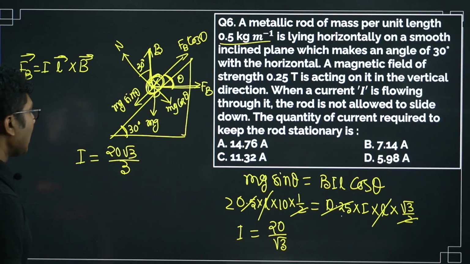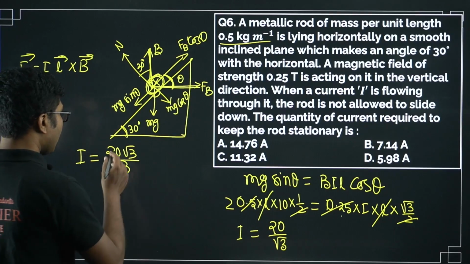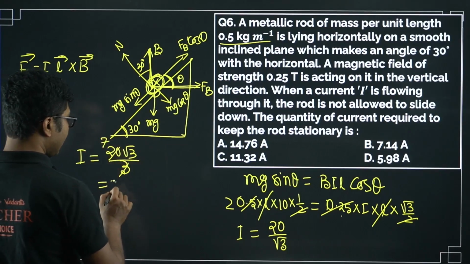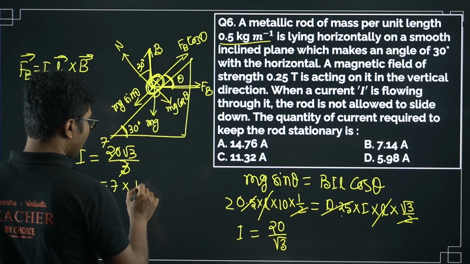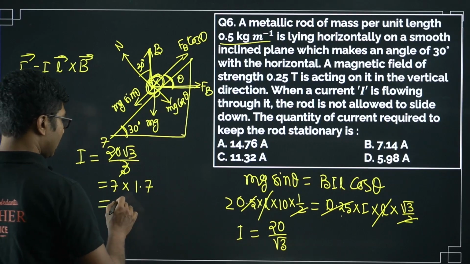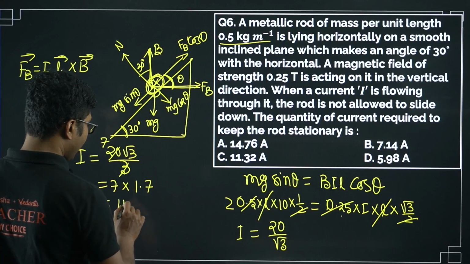We can do that. Now if we assume this number 20 to be 21, close to 21, then we can even cancel it. 3 7s are 21. Now 7 into root 3 is 1.7, so it will be 11.9.